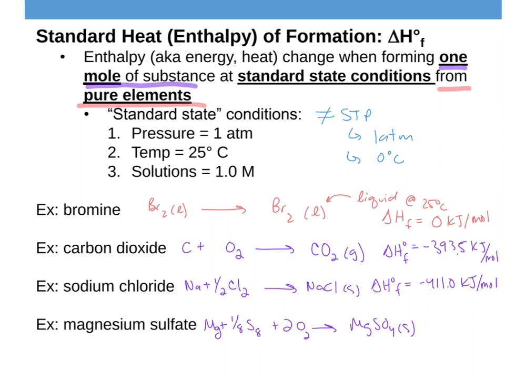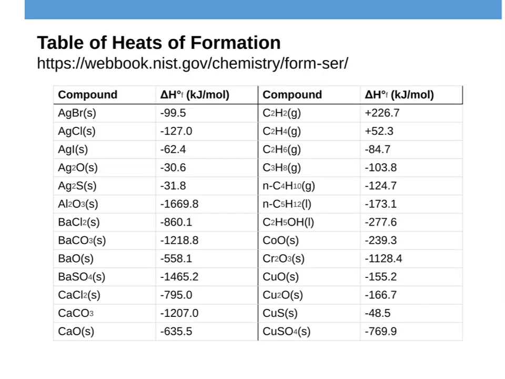Let's take a look. Oh, actually, let me show you a table. So here's a table of the heats of formation. This is just a tiny table that I found somewhere on the internet. If you really want to find good tables, NIST is the place to go. So here's a web page where you can look it up by formula, from the National Institute of Standards and Technology.